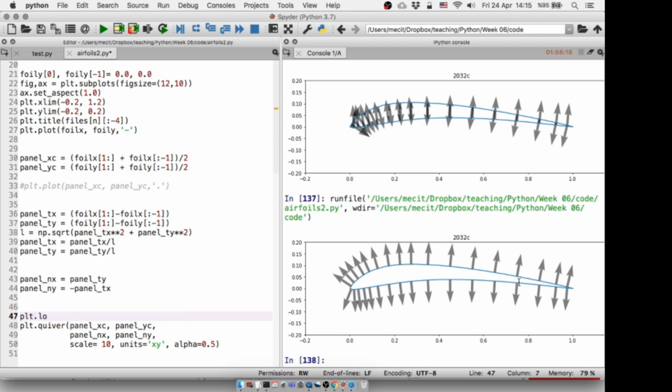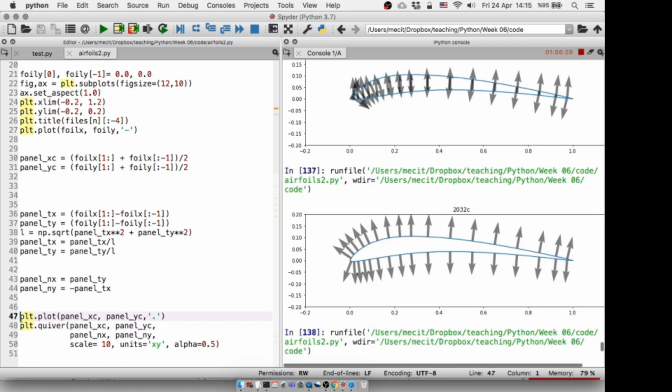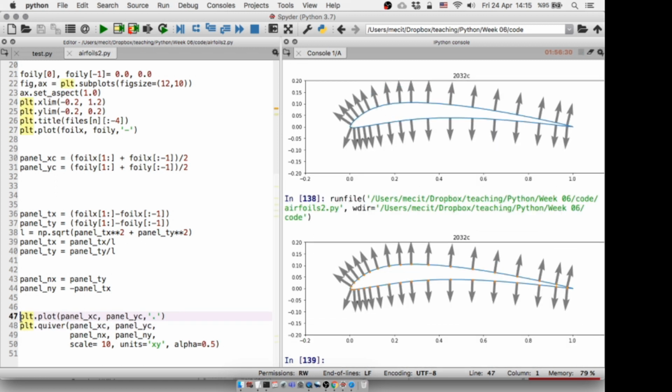Let's bring the panel normals here, so I can see where the vectors are located. So this is the panel normals. Those dots are the panel points, and these are the panel normals at the centers of each panel.